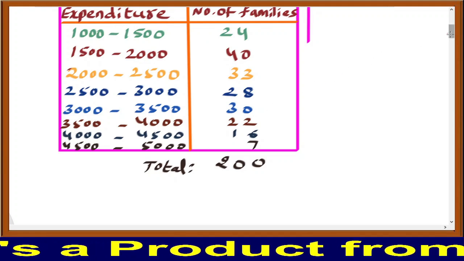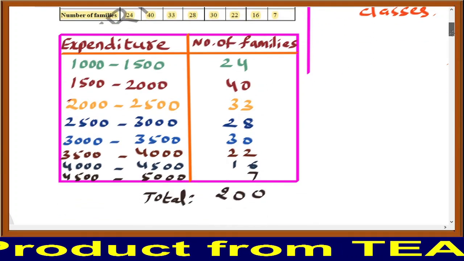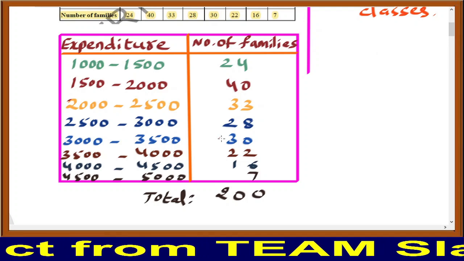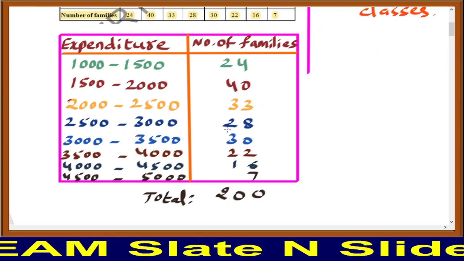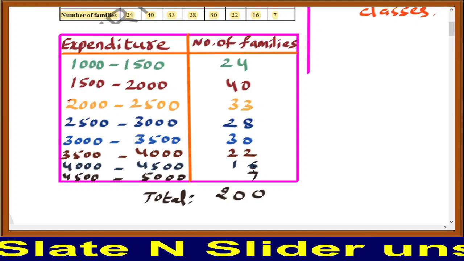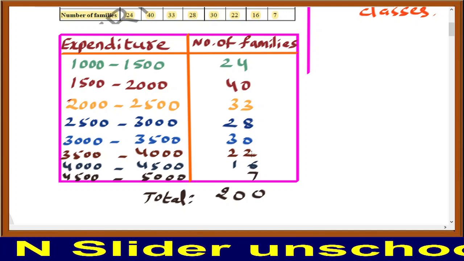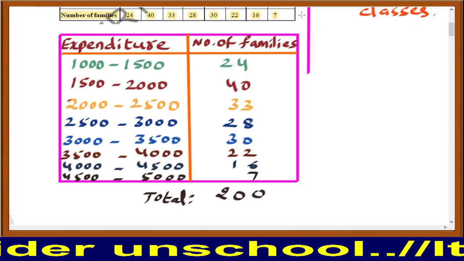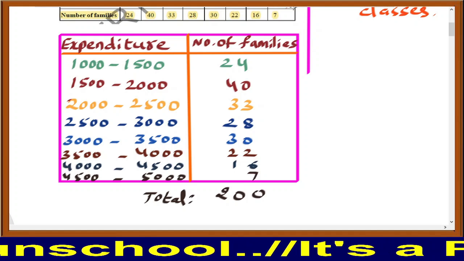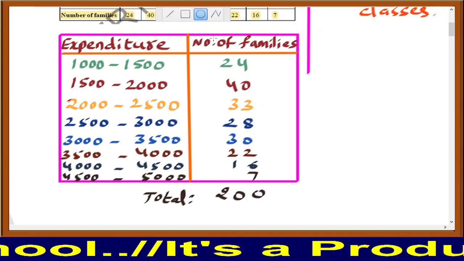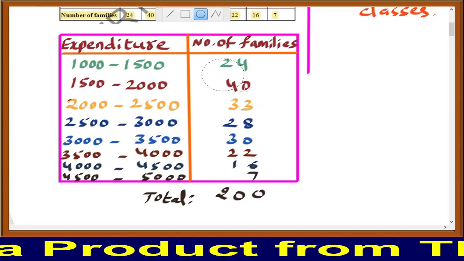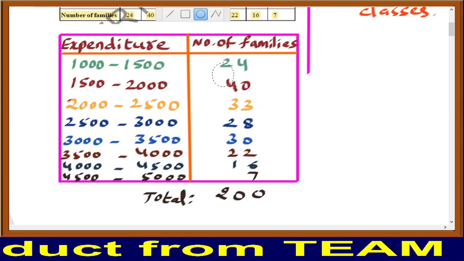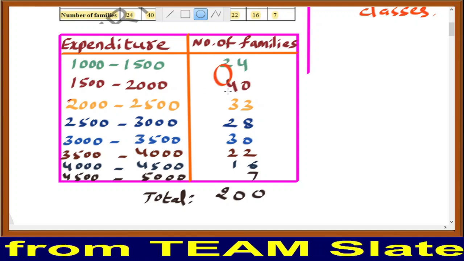So, in this data, first of all, we have to find the highest frequency: 24, 40, 33, 28, 30, 22, 16 and 7. Among all these numbers, the highest frequency is how much? The highest frequency is 40.